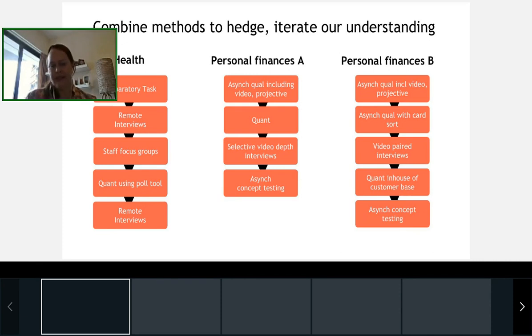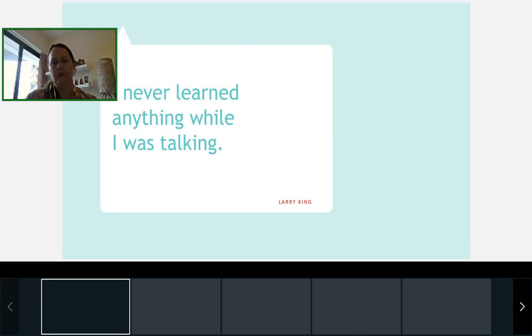So these are all the different approaches that we've been using, and I guess a little bit on why we see asynchronous qualitative being such a big part of our approach these days. Well, we take inspiration from Larry King here, who said, "I never learned anything while I was talking."